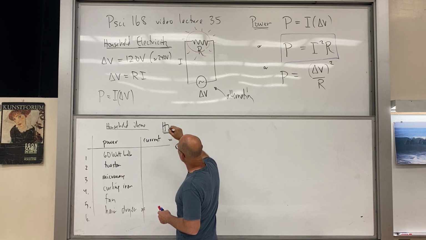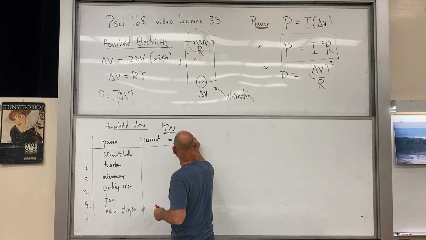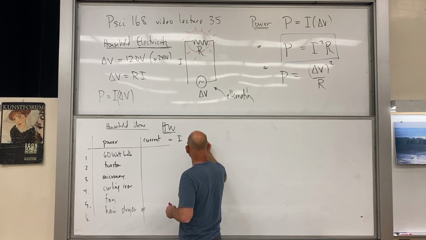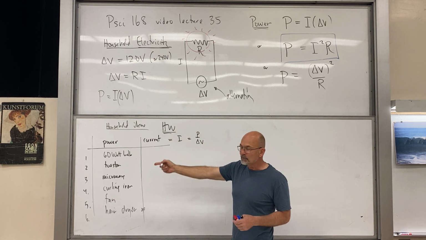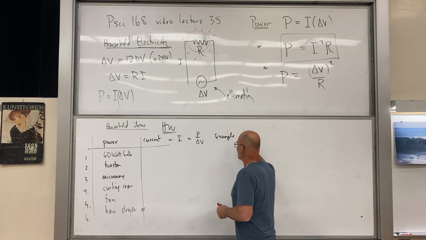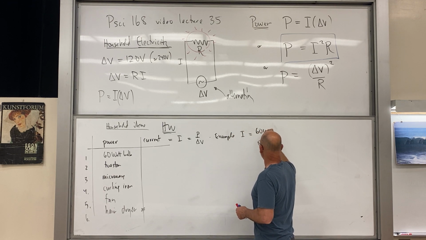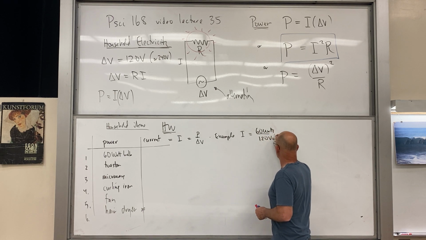So what is the current there? It's P divided by delta V. I equals P divided by delta V. So for our 60-watt light bulb, for example, I equals 60 watts over 120 volts.